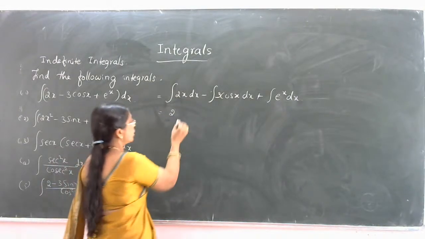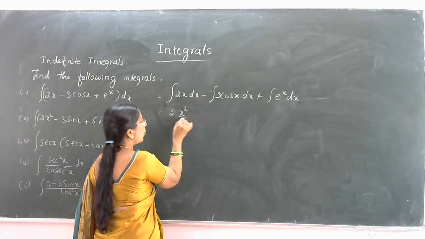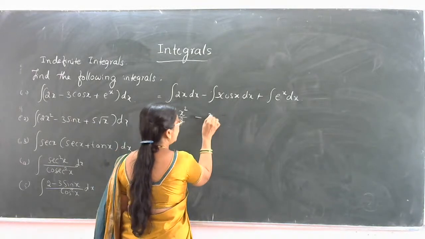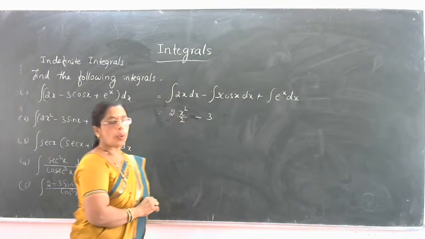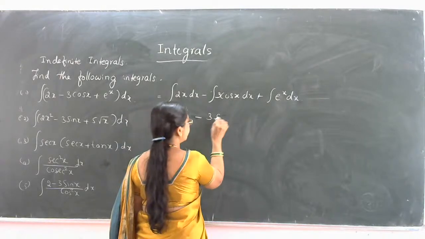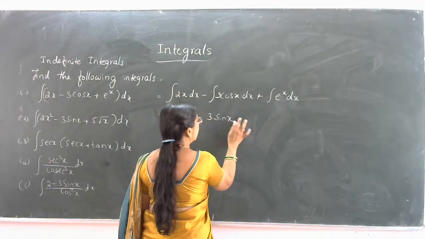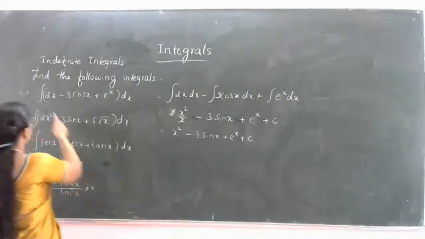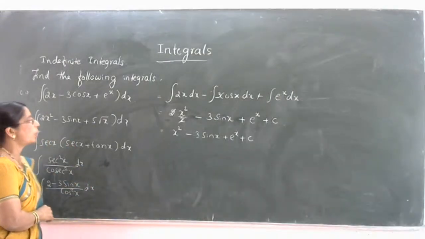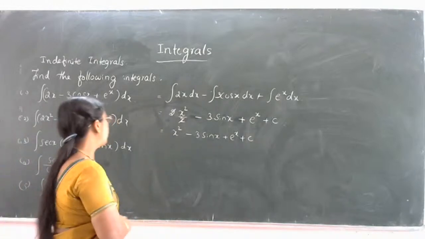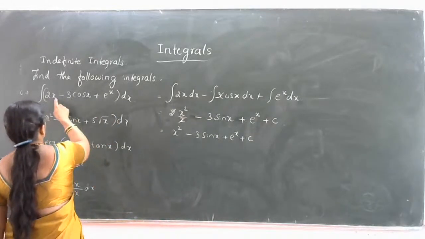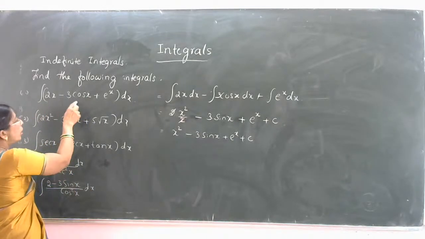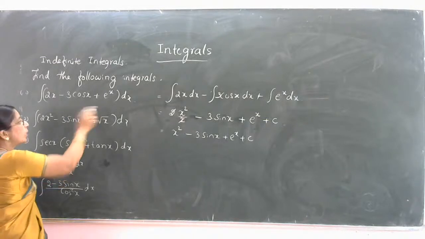Integration of x is x square divided by 2, minus 3 into the integration of cos x, which is sin x, then plus e to the power x. Here we integrate the functions 2x, minus 3 cos x, and e to the power x separately.